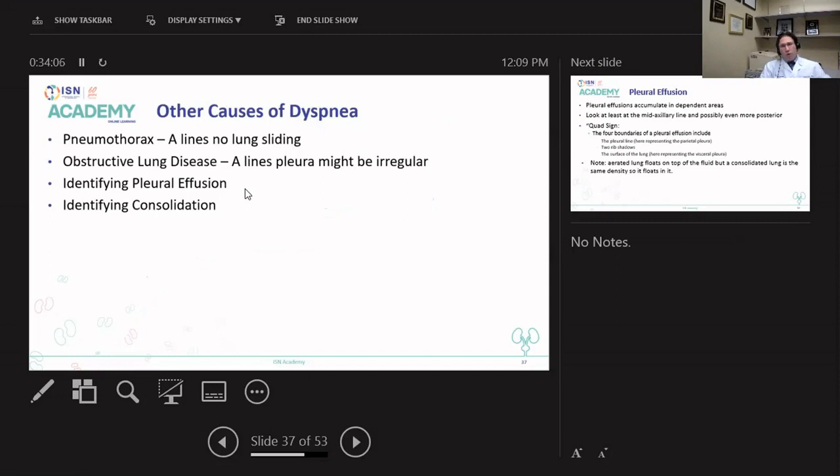So if you are a nephrologist examining a patient with a stethoscope, you need to be aware of more things than just rales. You went to medical school, and so you need to be able to identify other etiologies of dyspnea. So I'm going to talk about that now. A pneumothorax, we discussed this already. You will see A-lines, but there will be no lung sliding.